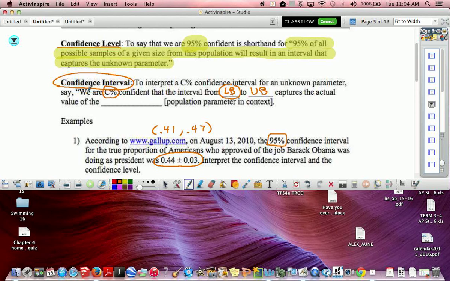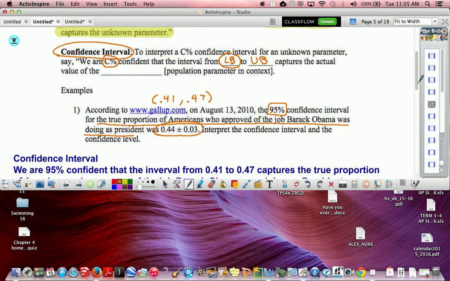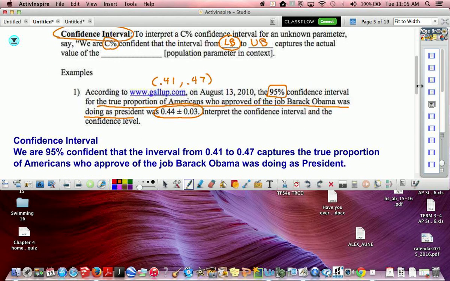I would say we are 95% confident that the interval from 0.41 to 0.47 captures the true proportion of Americans who approve the job Barack Obama is doing as president. So I have that basically summarized right here.